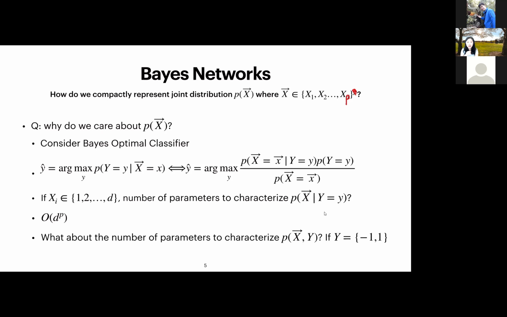Okay, so the following up question would be, what about the number of parameters to characterize the joint probability? This is a much simpler question, I guess, now that you already know that answer. So how do you characterize the joint probability?